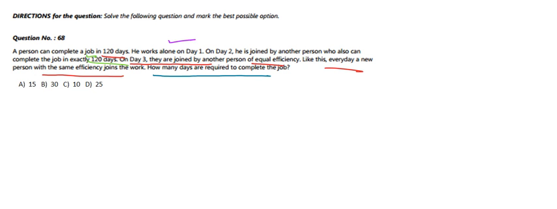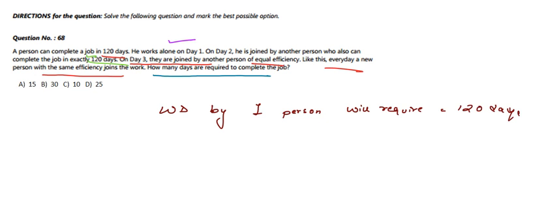Work done by one person will require a total of 120 days. As you can see, we have been given that a person can complete a job in 120 days.